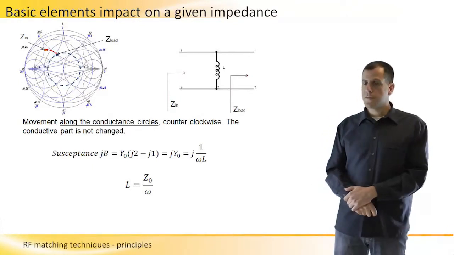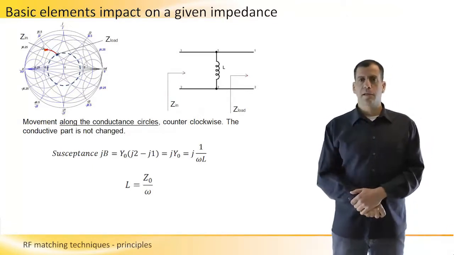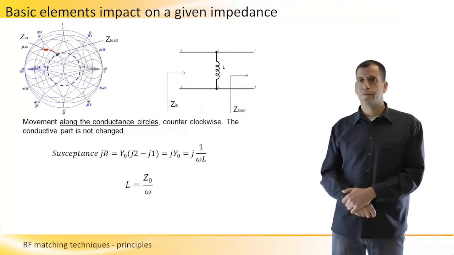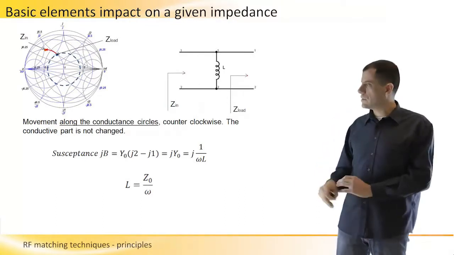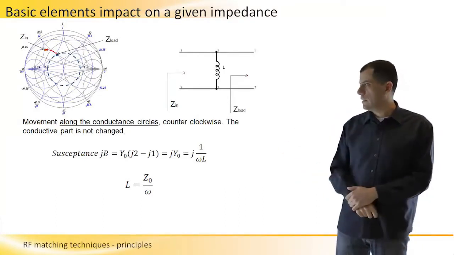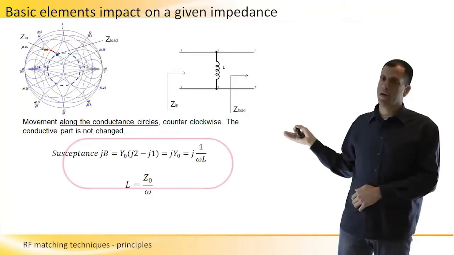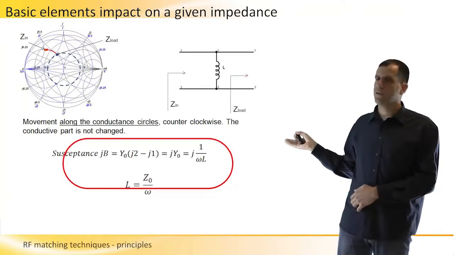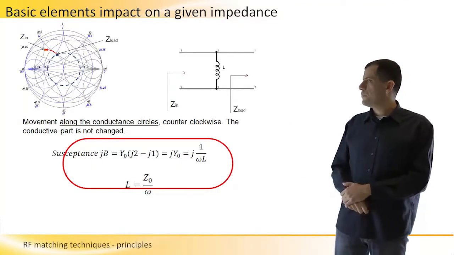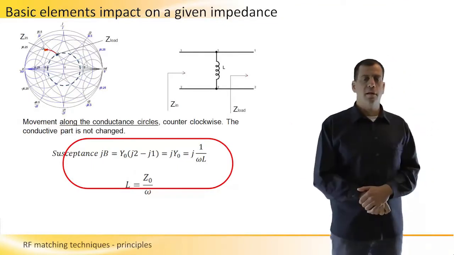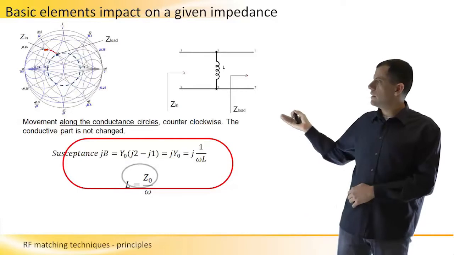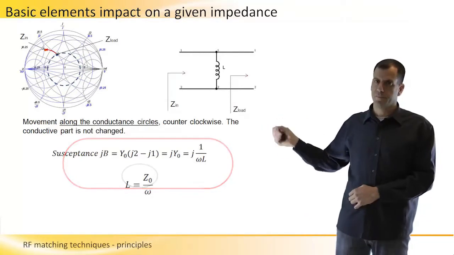This difference is equal to the susceptance of a parallel inductor, as you can see here in this formula. Since in this case we have moved from J1 to J2, then the value of the inductor here is obviously Z0 divided by omega.